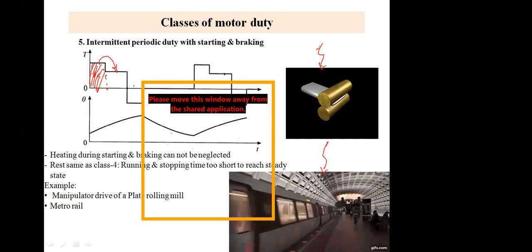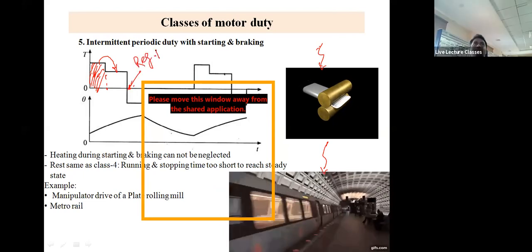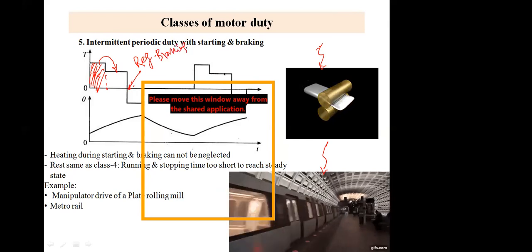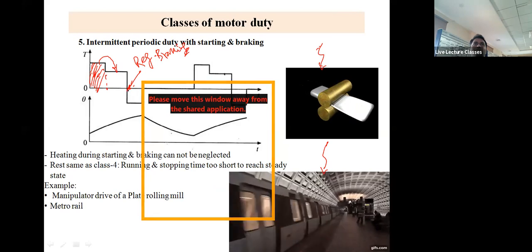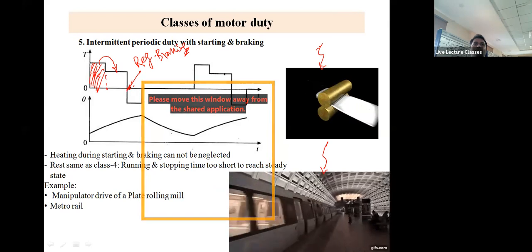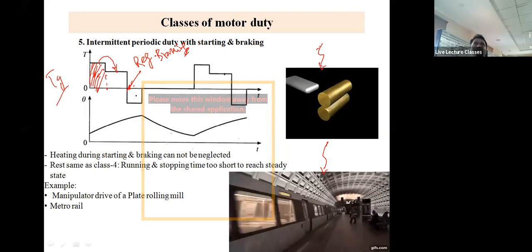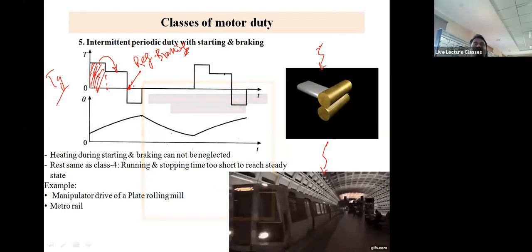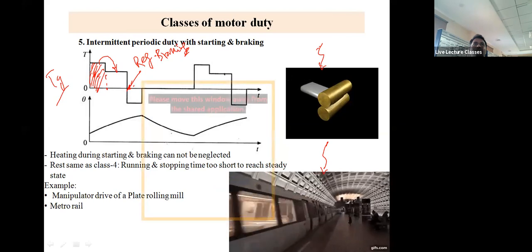And then when the station is approaching, it will go for regenerative braking. So during the regenerative braking also, the torque is reversed, right? The torque is reversed, means the generator torque is reversed, but there is a current flow from the load to the source, right?